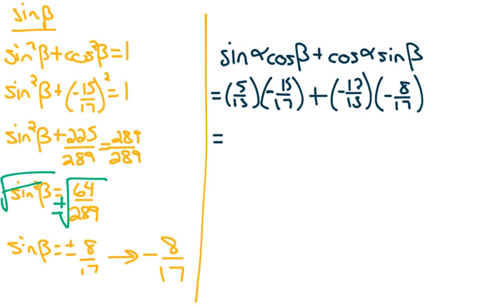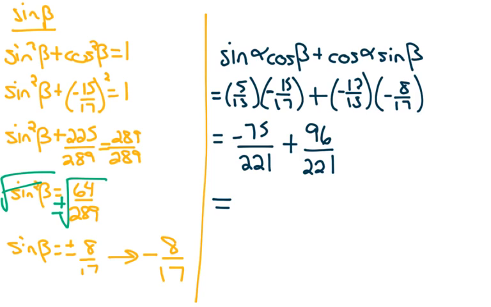Do the math. 5 times negative 15, negative 75, over 13 times 17 is 221. We've got negative 12 times negative 8, so that will be plus 96 over 221. And we have a common denominator built in.